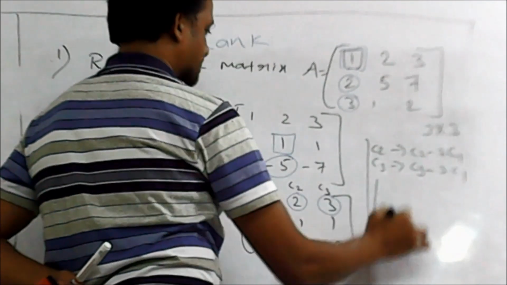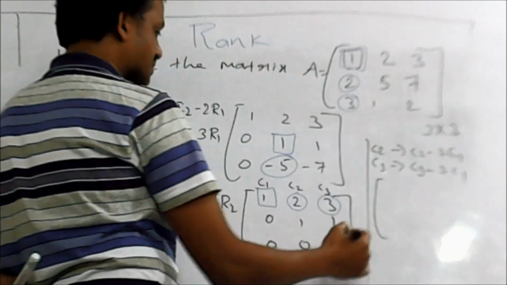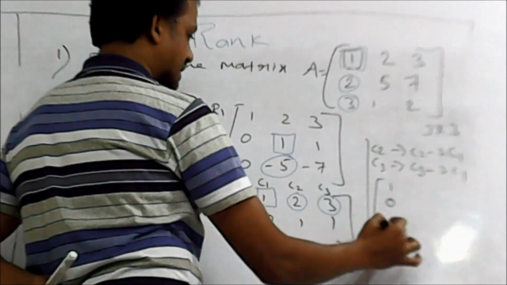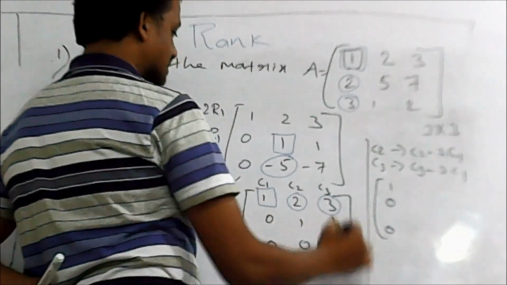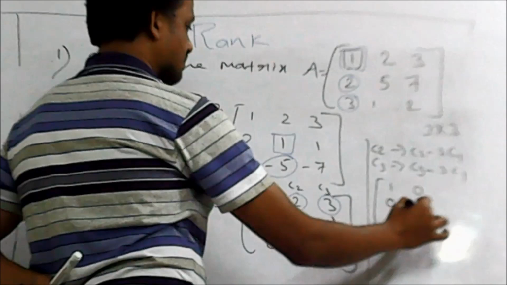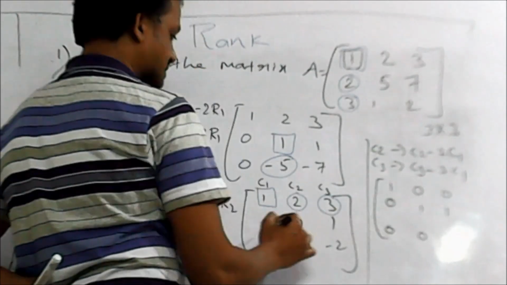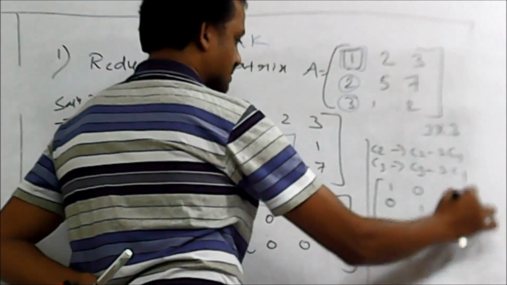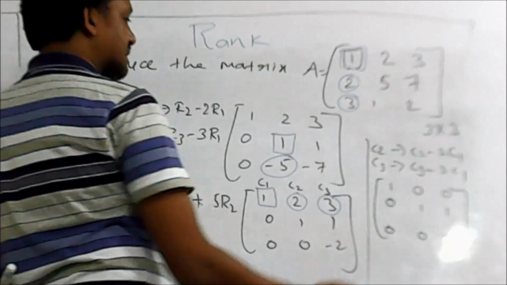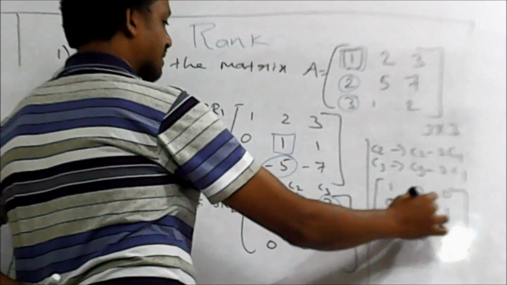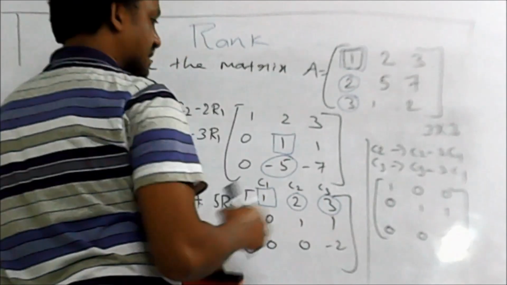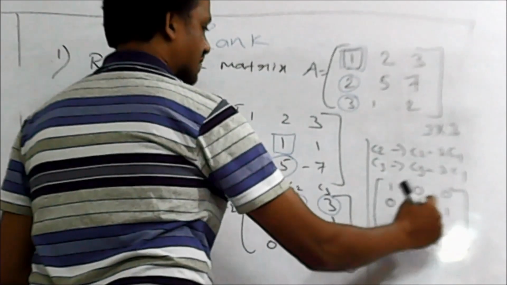What is the matrix? We need to write it column-wise, not row-wise. Don't confuse; write it column-wise. So here it will become 0 and the remaining is as it is. It will become 0, remaining as it is. Other elements are 0, so the matrix is as it is. Right? Then you need to select the second diagonal, and if any non-zero is there on the right-hand side, you have to make it 0.